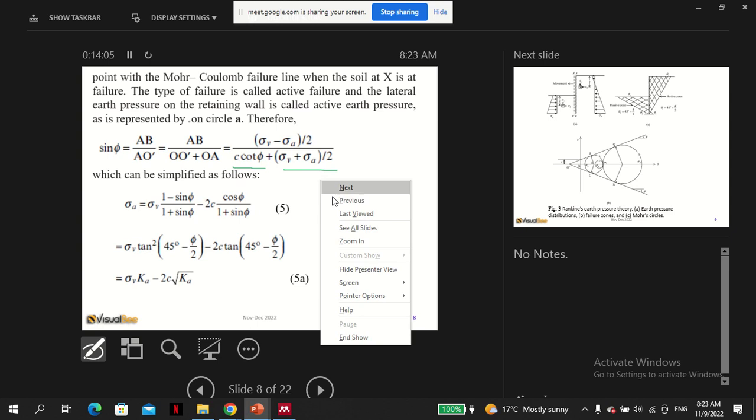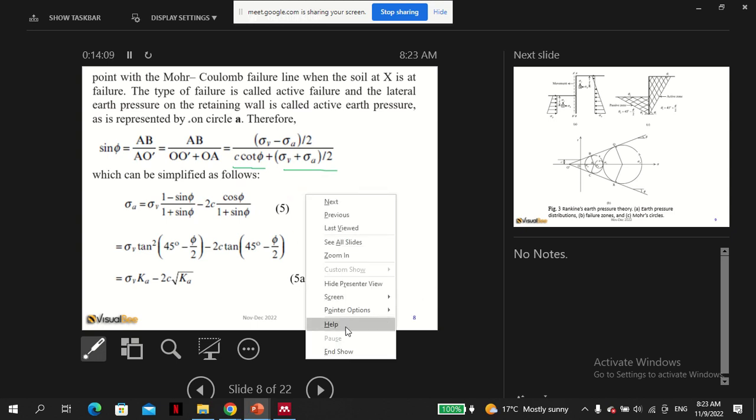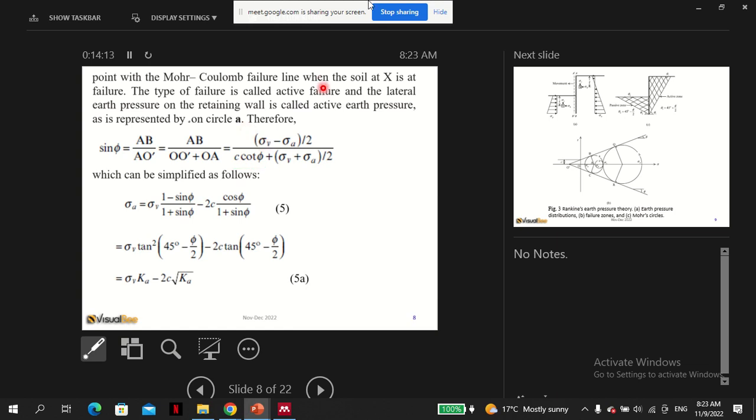This is what they're saying here. I think the rest of this is just geometry. So this is the root of that equation, which you can simplify. If you want to get sigma A, this is just trigonometry and geometry, you can solve for yourself.